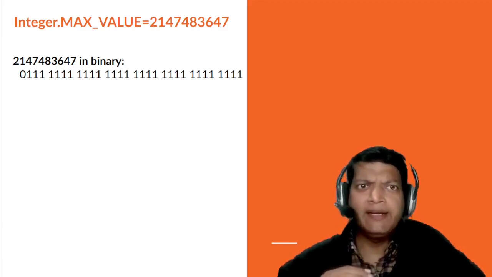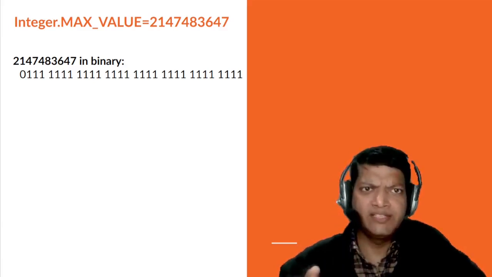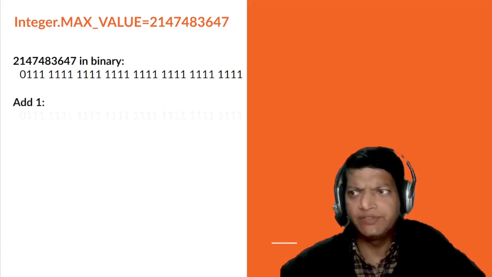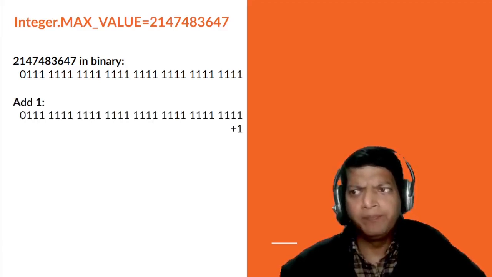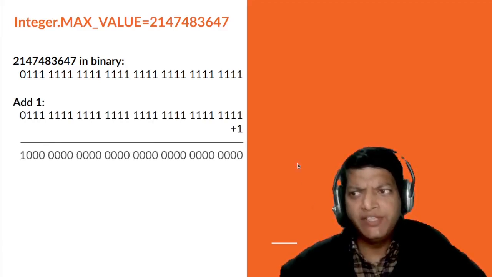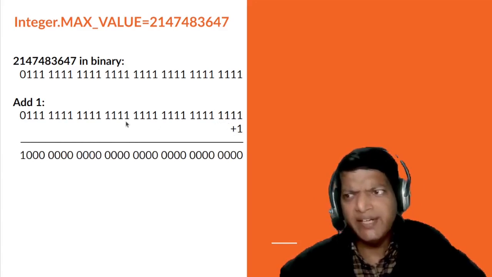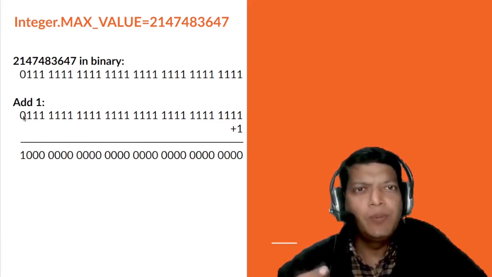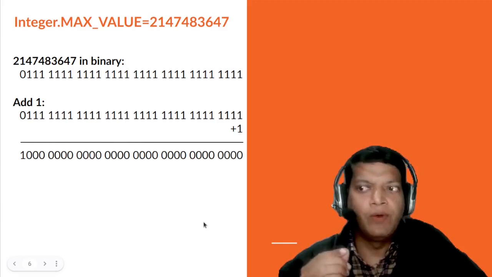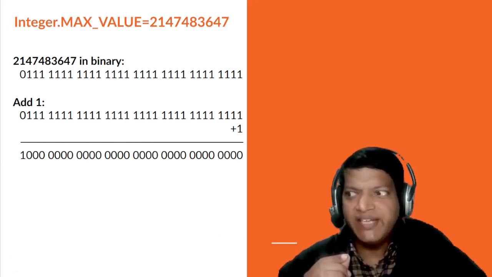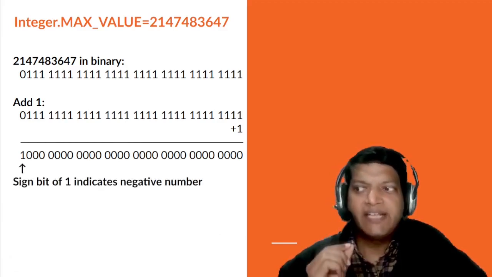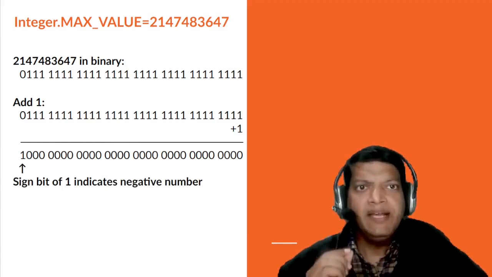Now whenever you try to add any value, in this case, for example, we'll add 1. See what happens. Once we try to add 1, 1 plus 1 is 0. Then again we take over the carry as 1. 1 plus 1 is again 0. Again the carryover is 1, and this continues. So we get all zeros, but in the case of the leftmost digit, when we add the carryover 1, 0 plus 1 is 1, and 1 in this case is the sign bit, and the sign bit of 1 indicates a negative number.